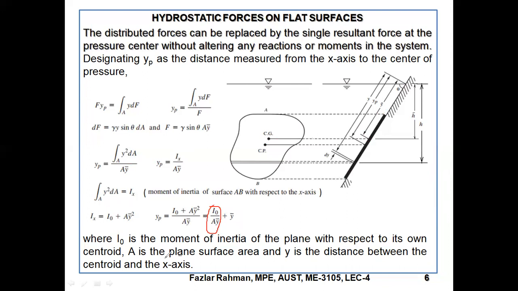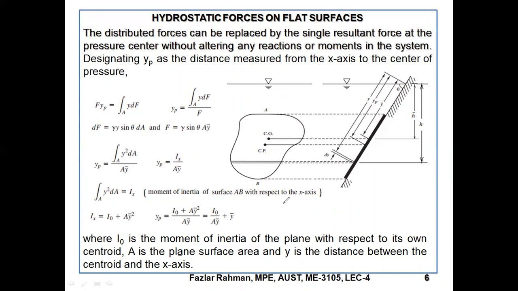If I naught is 0, when can this value be 0? If I naught is 0, then this value becomes 0. Then what will we get? We'll get Yp equal to y bar. That means y bar, the CG, and the center of pressure, both are working at the same point. But it can never be true, because this value is always a positive value, not a negative value. It's a constant.